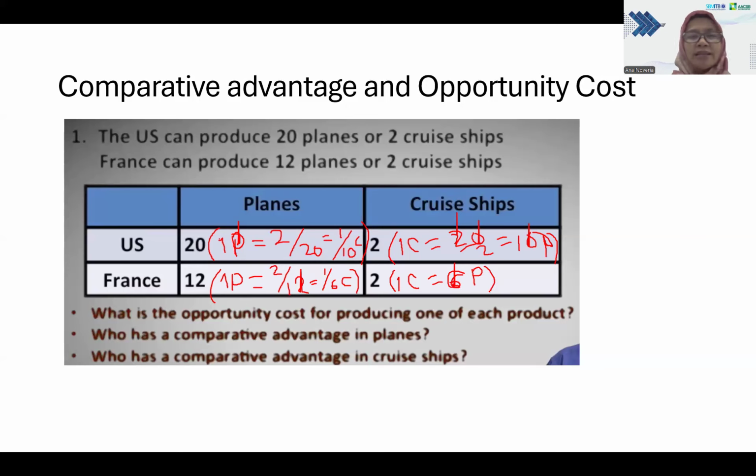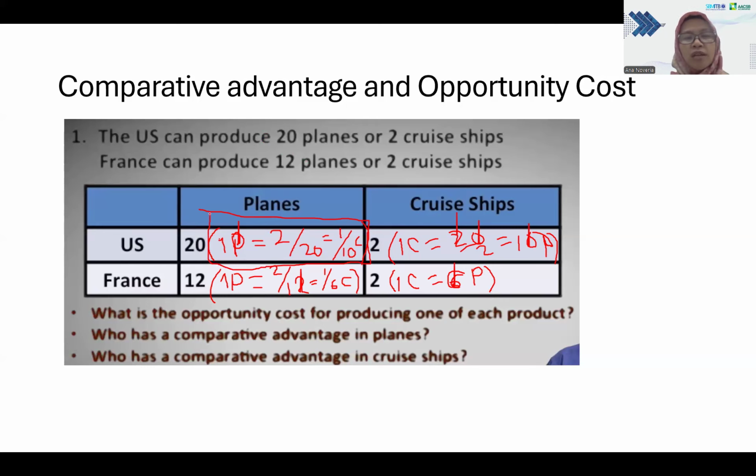Now for planes, which one has a lower opportunity cost, the US or France? You compare 1/10 and 1/6. So the answer would be the US, because it has a lower opportunity cost.